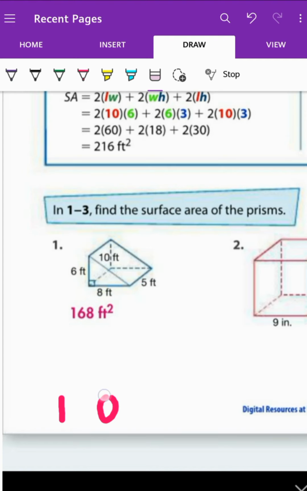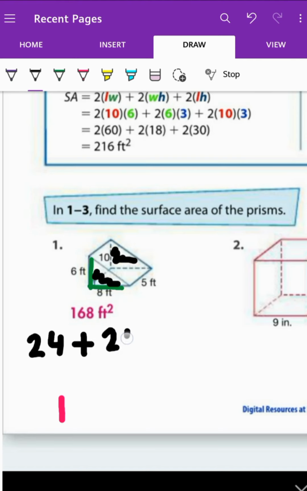Again, my dear students, here is given. Again, we find the area for the triangle, which is 8 by 6. Remember, base by height, equals 48 over 2, 24. This is the area for this triangle. The area for the second triangle is the same area. Don't calculate it.